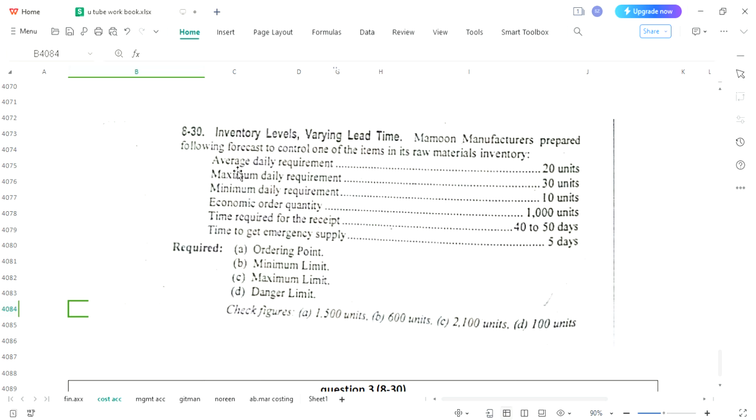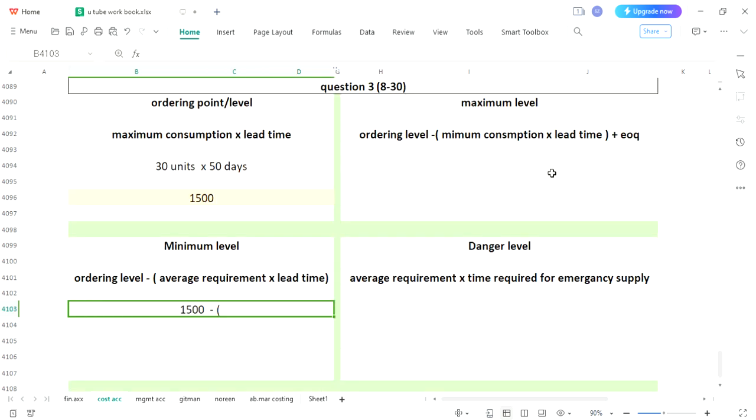The first element given over here is average daily requirement, which is 20 units. So put over here 20 units, and then in the formula you need to put multiply lead time. Now please note it down, we are with average requirement, and obviously the time which we will be putting over here should also be average time.